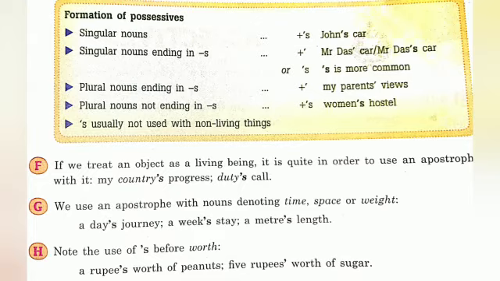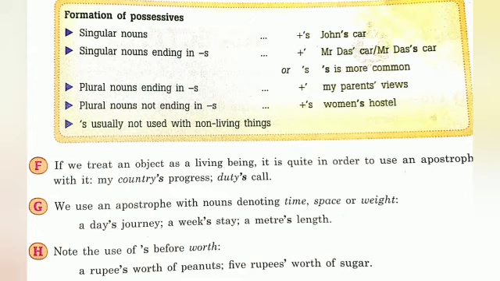My country's progress, duty's call. तो जब हम किसी चीज़ को लिविंग बीइंग की तरह ट्रीट करते हैं तो उस केस में हम अपोस्ट्रोफी एस लगा सकते हैं. जैसे मैंने कहा माई कंट्रीज प्रोग्रेस, प्रोग्रेस ह्यूमन बीइंग की होती है, पर यहाँ हम कंट्री को ह्यूमन बीइंग मान के चल रहे हैं तो अपोस्ट्रोफी एस लगा सकते हैं. ड्यूटी कॉल, कॉल इंसान करते हैं, ड्यूटी थोड़ी कॉल करती है, परंतु यहाँ हम उसको लिविंग बीइंग मान के चल रहे हैं तो इन दैट केस वी हैव टू पुट अपोस्ट्रोफी एस.